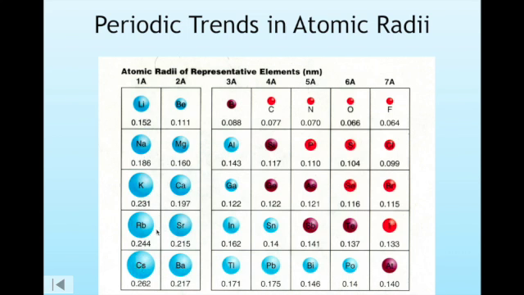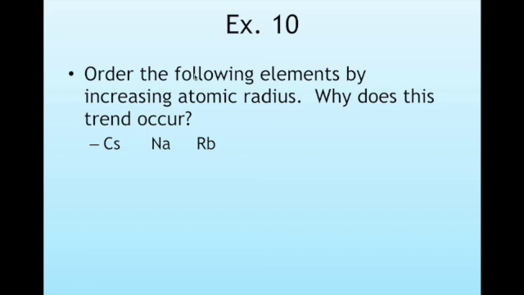They're in the same group, so you need to know how that trend works. We said the trend is that it gets larger as we go down the group. So cesium is clearly the largest one here, rubidium comes in second place, and sodium is the smallest. So if we're doing this in order of increasing atomic radius, we have to do sodium first because it's the smallest, then rubidium, and then we end with the biggest one on this list, cesium.